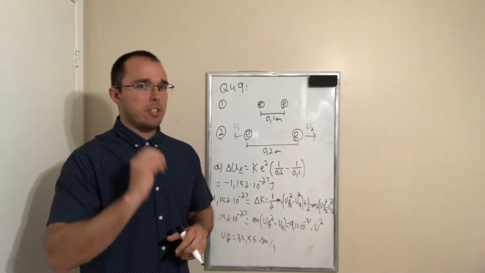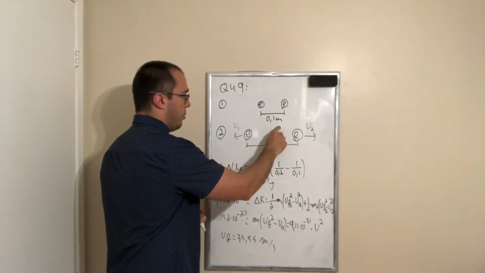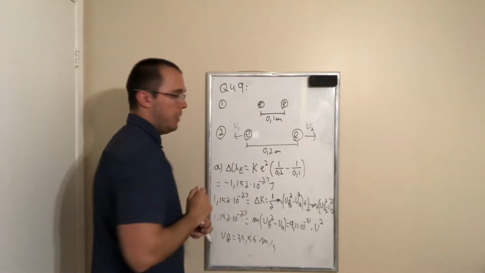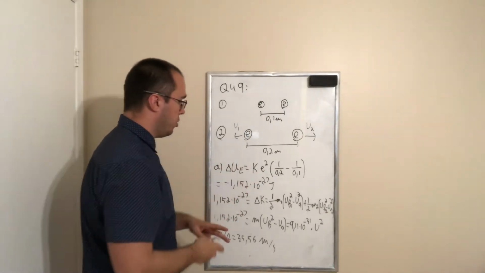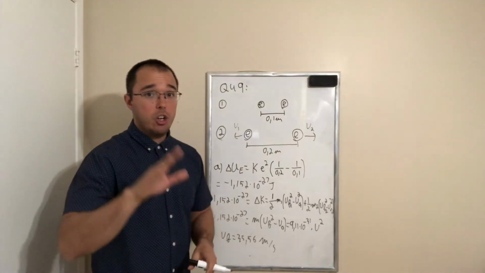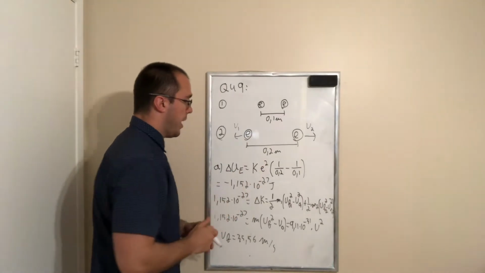All right, so the first thing, we need to calculate the difference in potential energy from when they are 0.1 meter apart to 0.2 meter apart. We use the difference in potential energy, which is equal to the Coulomb constant multiplied by the charge. Note, they both share the same charge. It is e squared in this case.